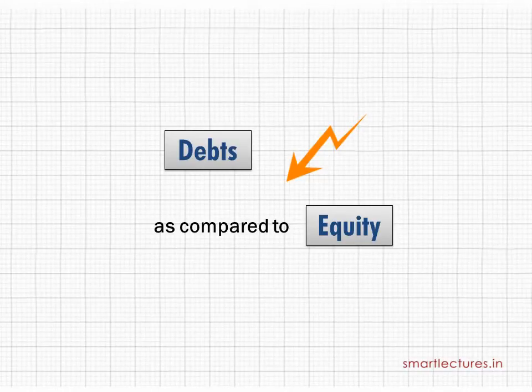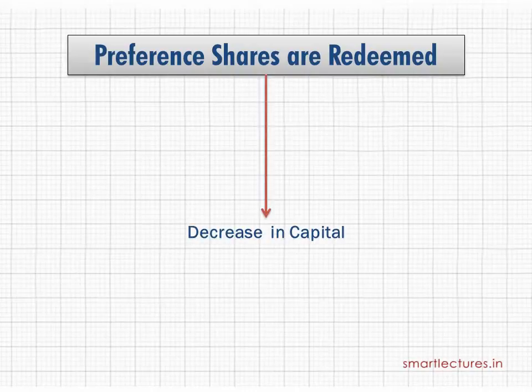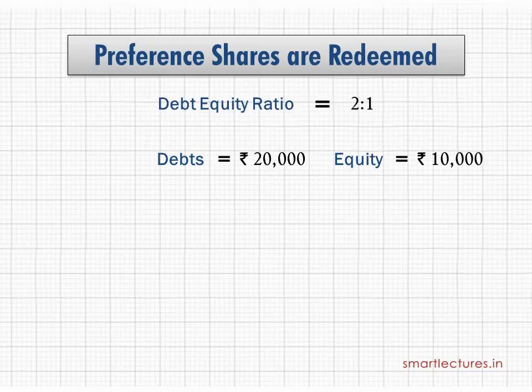Now the next transaction is, what will be the effect on debt equity ratio if preference shares are redeemed? Redemption of preference shares means a decrease in the capital. Suppose debts are 20,000 and equity is rupees 10,000, and at present the ratio is 2:1.